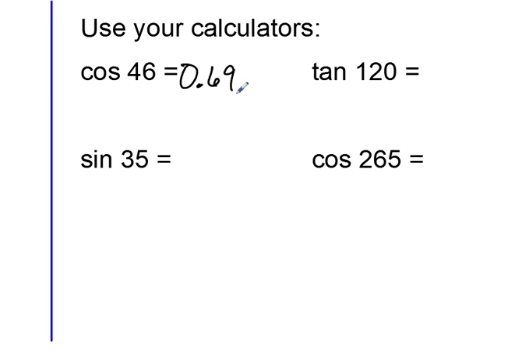The tangent of 120 is equal to negative 1.73. The sine of 35 is equal to 0.57. And the cosine of 265 is equal to negative 0.09. You could try typing these into your calculator to see if you get the same values that I get.